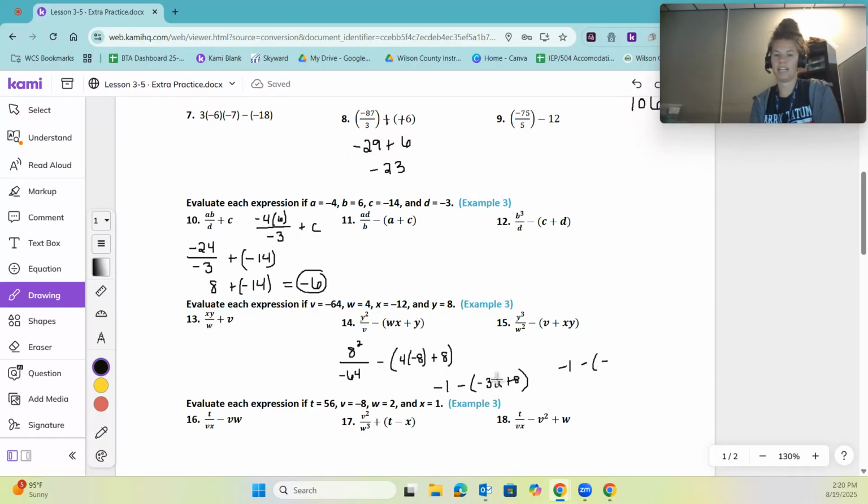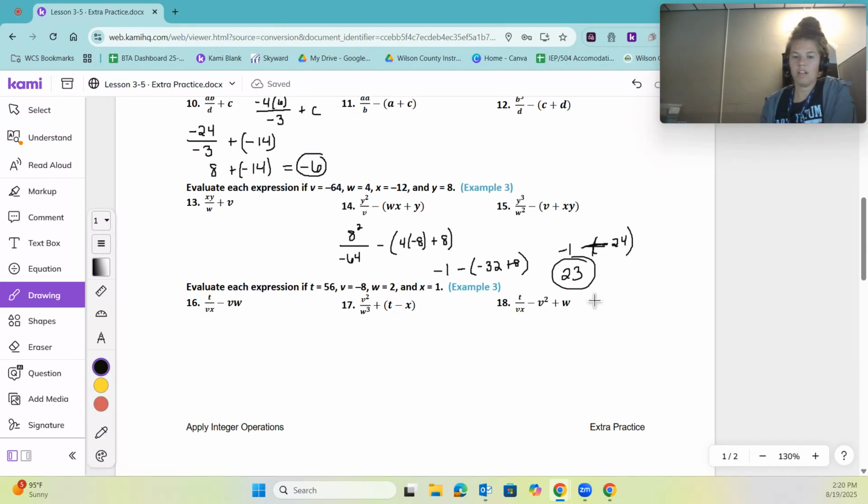Again, opposite signs, so we subtract, and we are going to get -24 then as our answer. Now this, again, is -1 minus negative, so this becomes plus -1 plus 24. We should get 23 as our answer here for number 14. And you can try numbers 13 and 15 on your own.